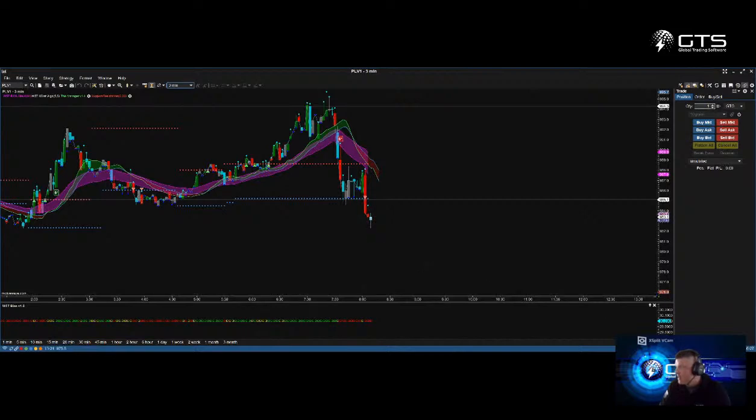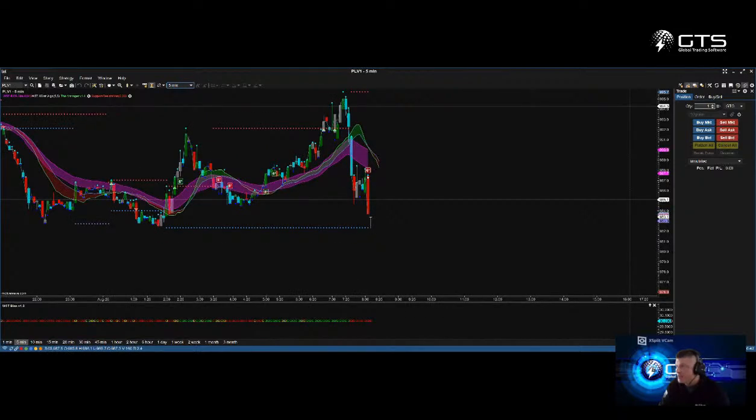That's a nice little, wow. That is a really big flush. Check out, there it is. There's the candle right there. This is the 6-star on the 5-minute, right?